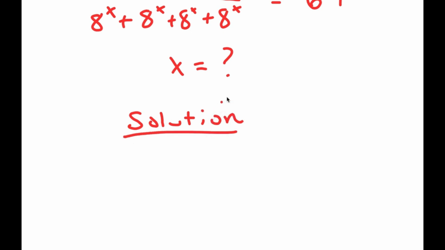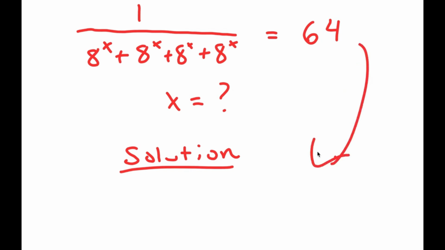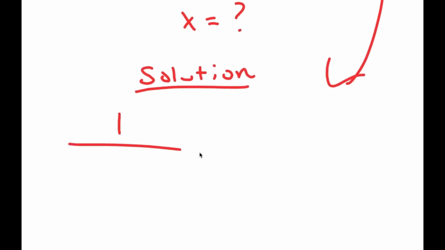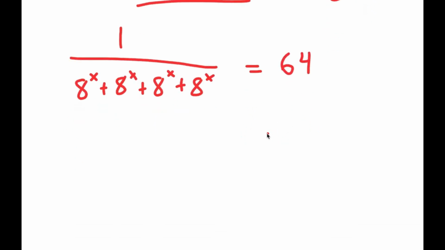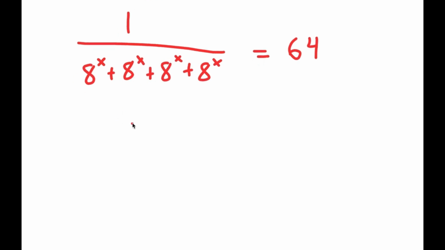I'm going to first start by rewriting my equation over here. So I have 1 over a to the power of x plus a to the power of x plus a to the power of x plus a to the power of x is equal to 64. Now from here, notice how I have 4 of the same terms for my denominator, meaning I can just factor out that one term.